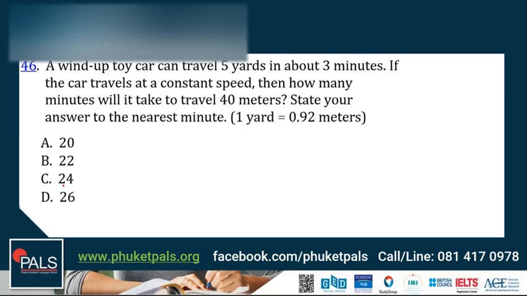46. A wind-up toy car can travel 5 yards in about 3 minutes. If the car travels at a constant speed, then how many minutes will it take to travel 40 meters? State your answer to the nearest minute. 1 yard is equal to 0.92 meters. First, at the given speed, the car can travel 1 yard or 0.92 meter in how many minutes? To find it, we've got 3 minutes for 5 yards.